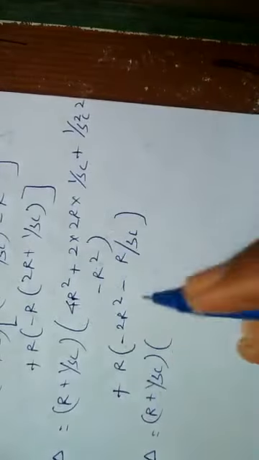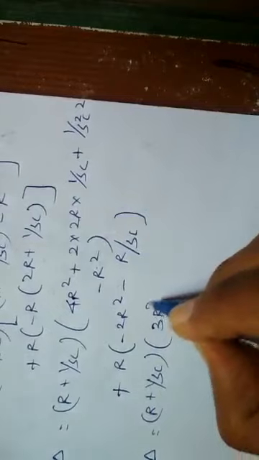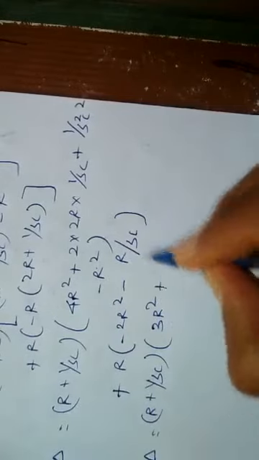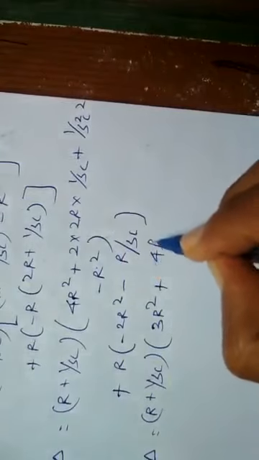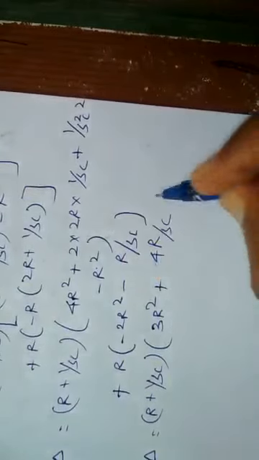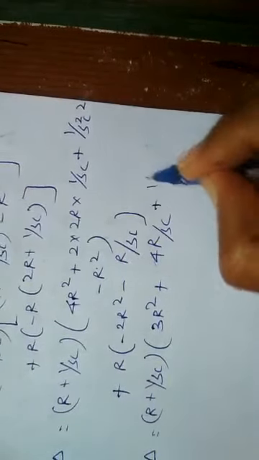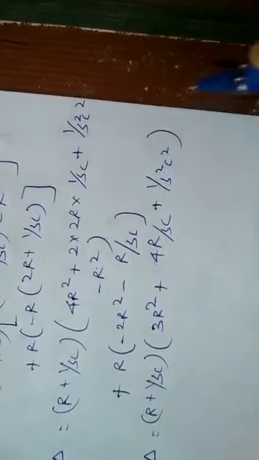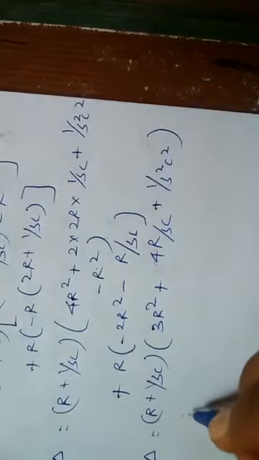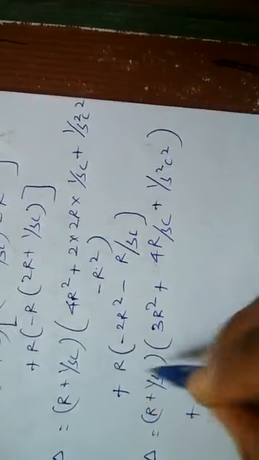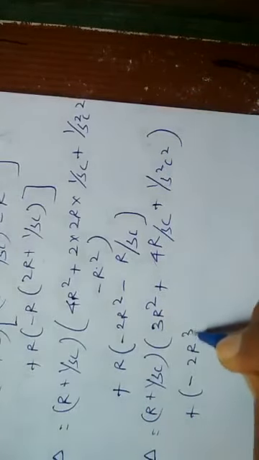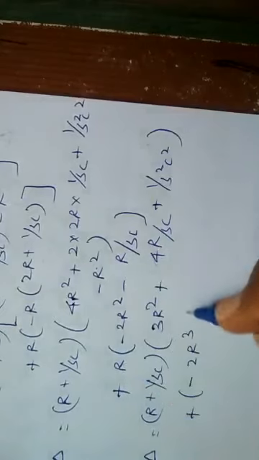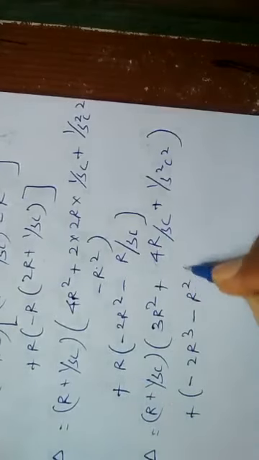So 4R squared minus R squared, we can convert this as 3R squared plus 4R by SC plus 1 by S squared C squared, here in the second term, plus R into minus 2R squared, that is minus 2R cube, then R into minus R by SC, minus R squared by SC.